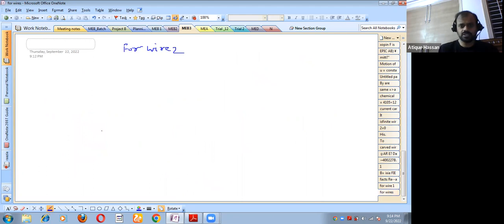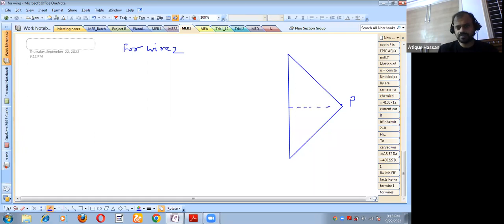In the last class, if you were present, we calculated the magnetic field at point P. Suppose this is point P, and this is a finite current carrying wire, and we want to find the magnetic field at point P. Suppose the current is I, and one angle is taken as theta 1 and another angle as theta 2.